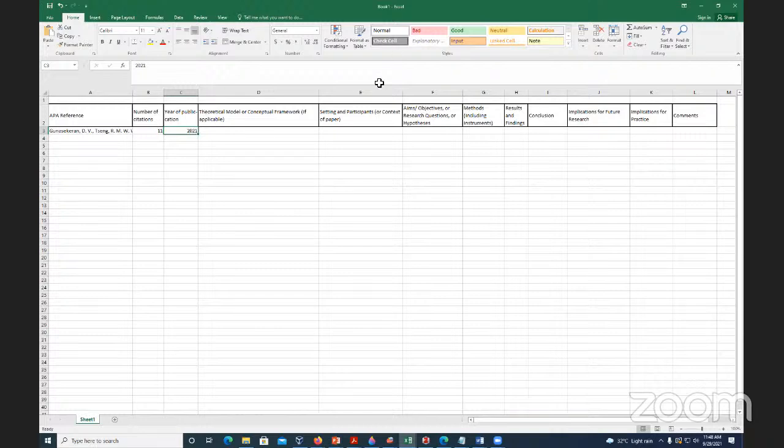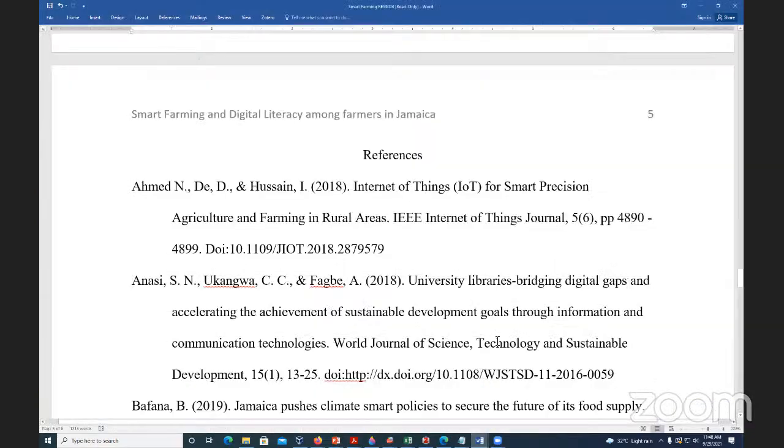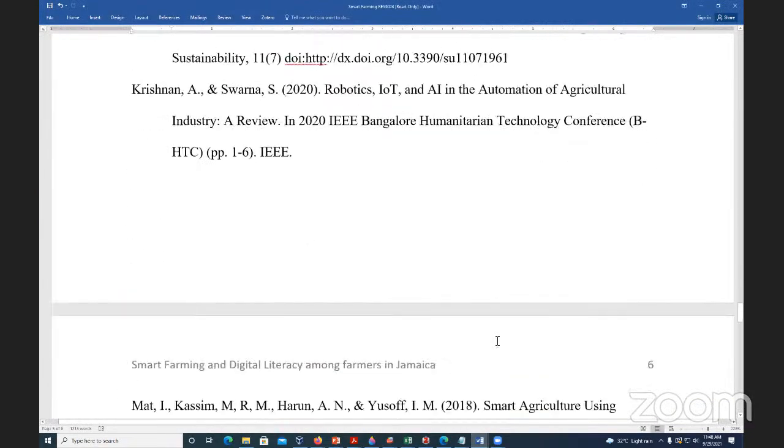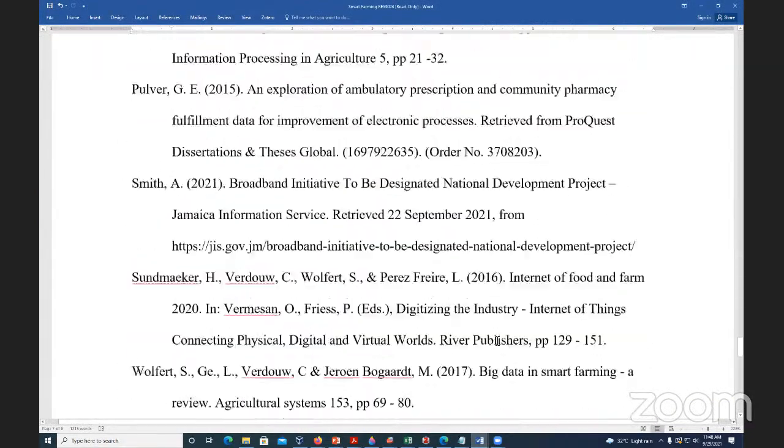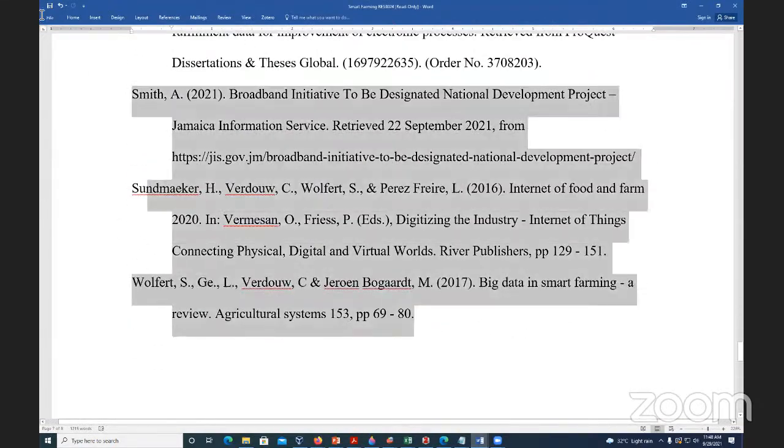All we're doing is, let's go back to the paper here. This paper had these references. So the assignment is, they have a whole heap of references. Let's see how much they have right now.